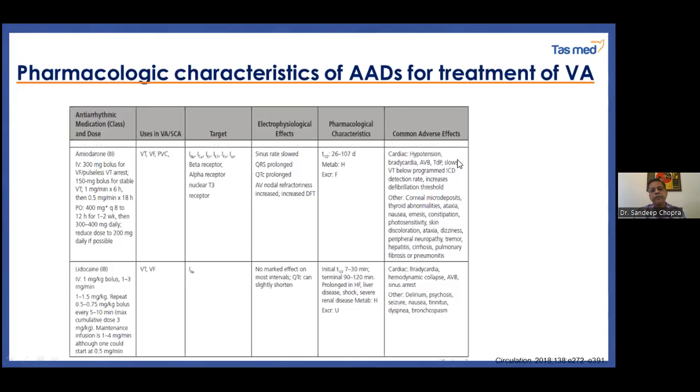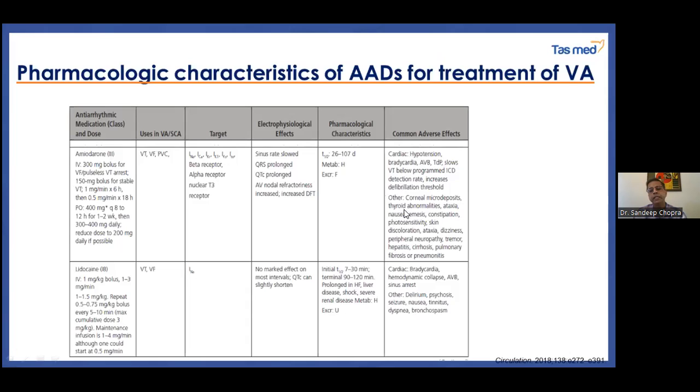The adverse effects that you should be aware of are hypotension, bradycardia, AV blocks. Sometimes because of the QT prolongation, the patient might develop a TDP, that's torsades de pointes. The other being corneal microdeposits. These are on a long-term basis.